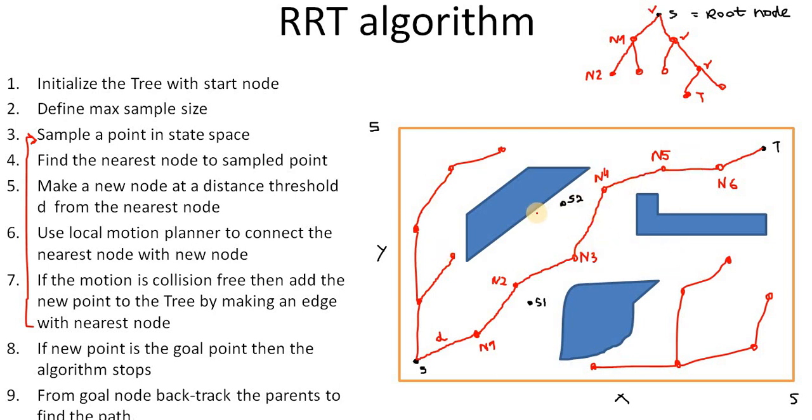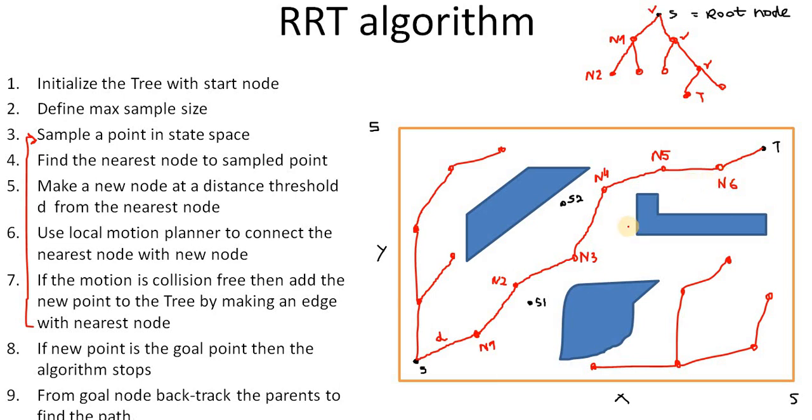Okay, if each grid cell is 1 meter, then you have to use at least 25 nodes here. But here you see that with only 10 to 15 nodes this algorithm has found the solution. And also you see that only a few nodes are required to represent your free space.